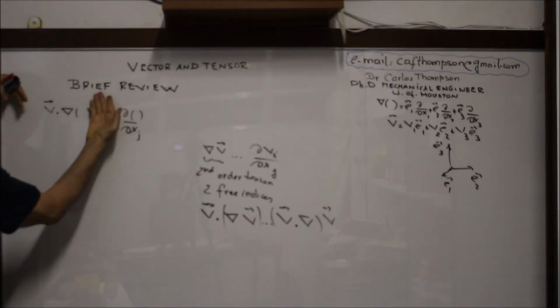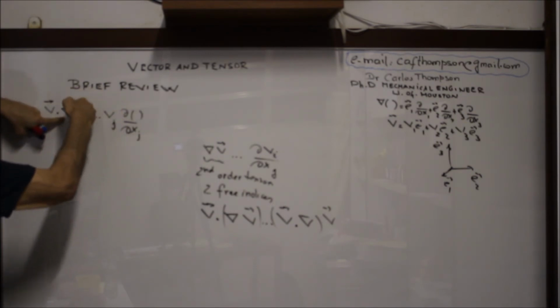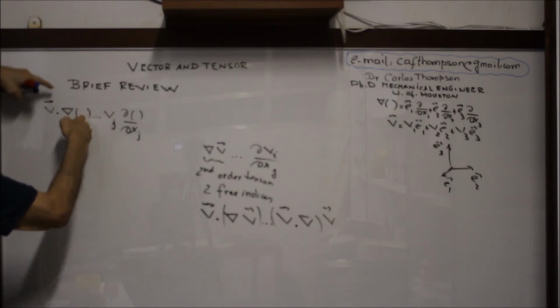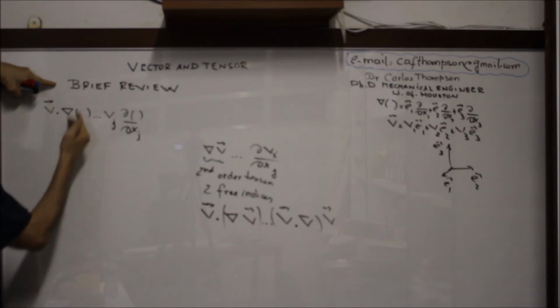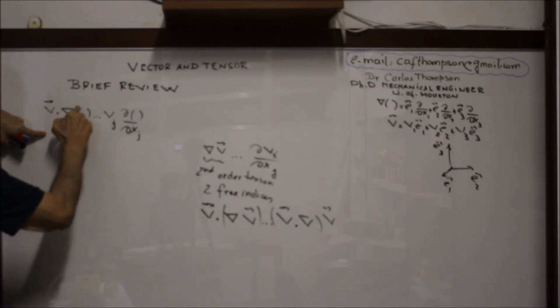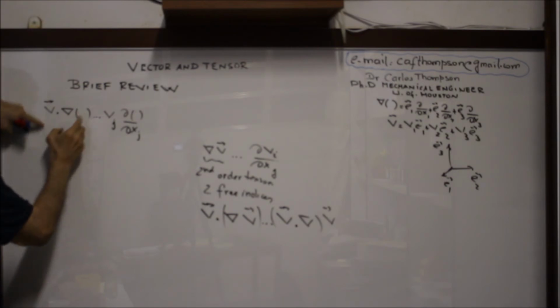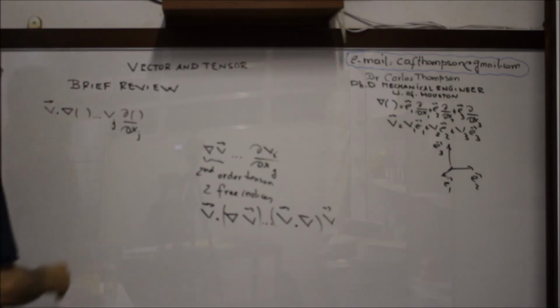You see, look. What is this? This is a scalar. Now, if I introduce here a vector, the whole term will be a vector. Because this is a scalar, if this applies to a second order tensor, it will be a second order tensor.